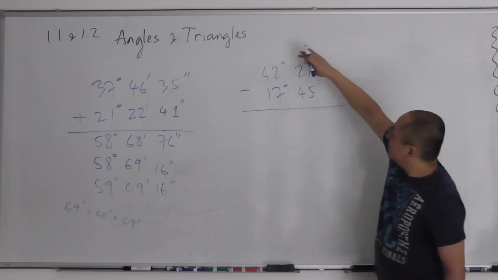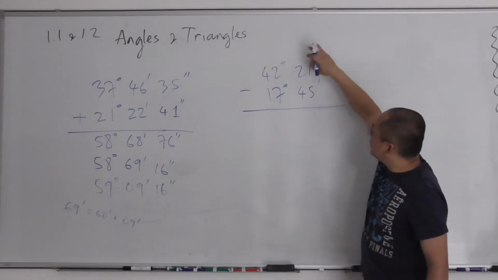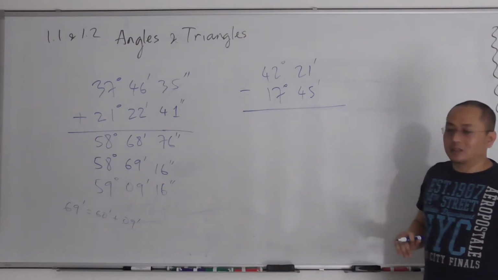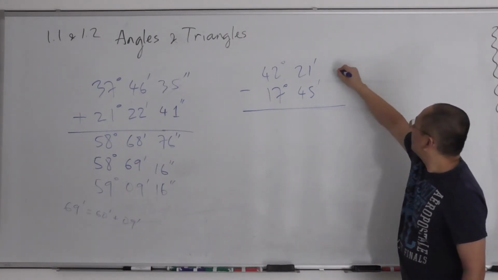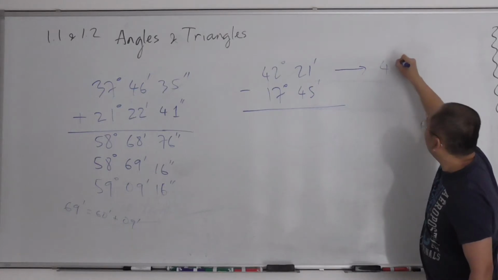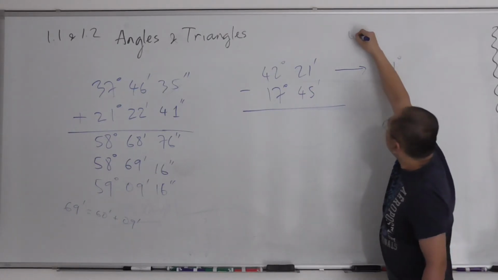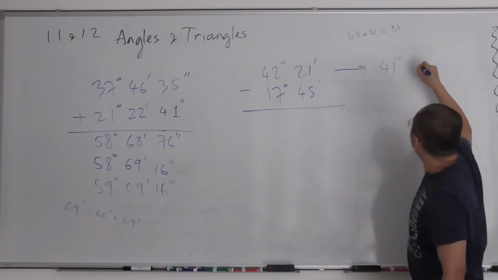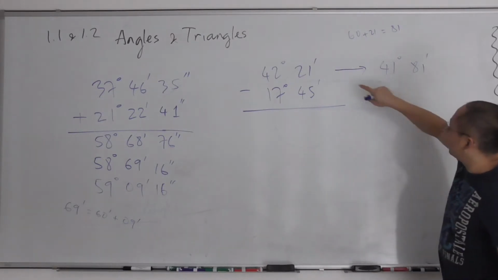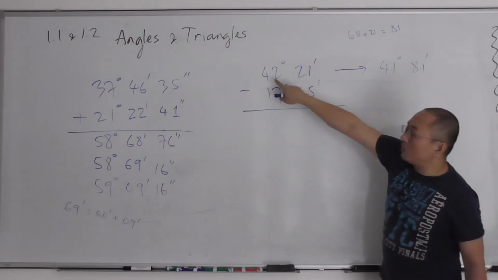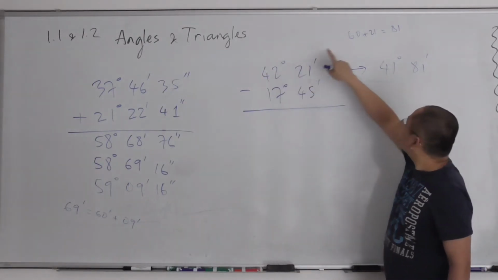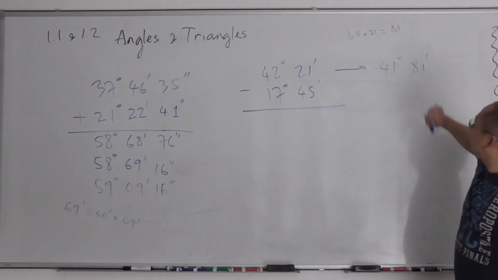So we're going to borrow 1 degree from 42 and convert it back to minutes. So that's going to give a bigger number. This becomes 41 degrees, and then we take 60 plus 21, which is 81 minutes. You see how I change from here to here? I take 1 degree from 42, convert it into 60 minutes, plus 21, becomes 81.